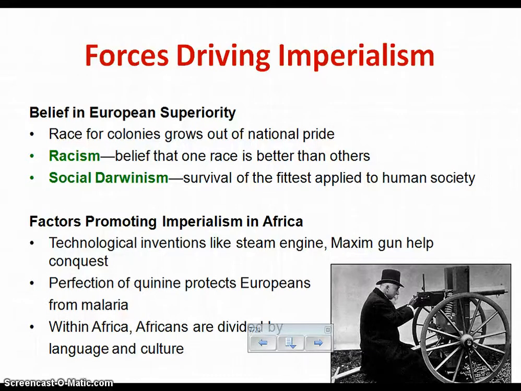And one disease that affected many Europeans who were exploring Africa was malaria. Malaria is when you get bitten by mosquitoes with a certain disease in it. Now, what this made Europeans do is basically, when they colonized Africa, they were sticking to the coast. Because the coast, it was easy for them to sort of make their escape to Europe if they were sick.